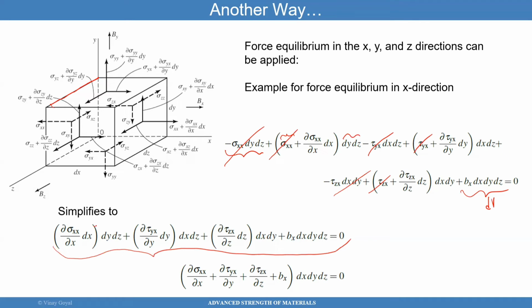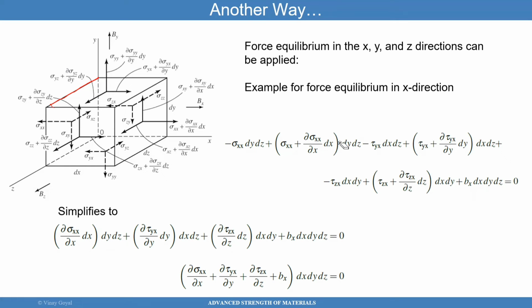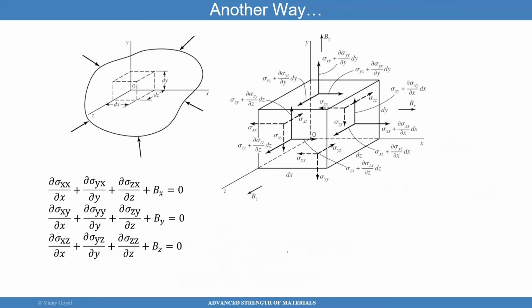Now I have dx, dy, dz in every single one of them. Very similarly, as I said before, because the differential volume is not zero, what's inside has to be zero. I didn't put acceleration terms. In this case, I did it statically, so those are zero because I'm not assuming acceleration in this example.